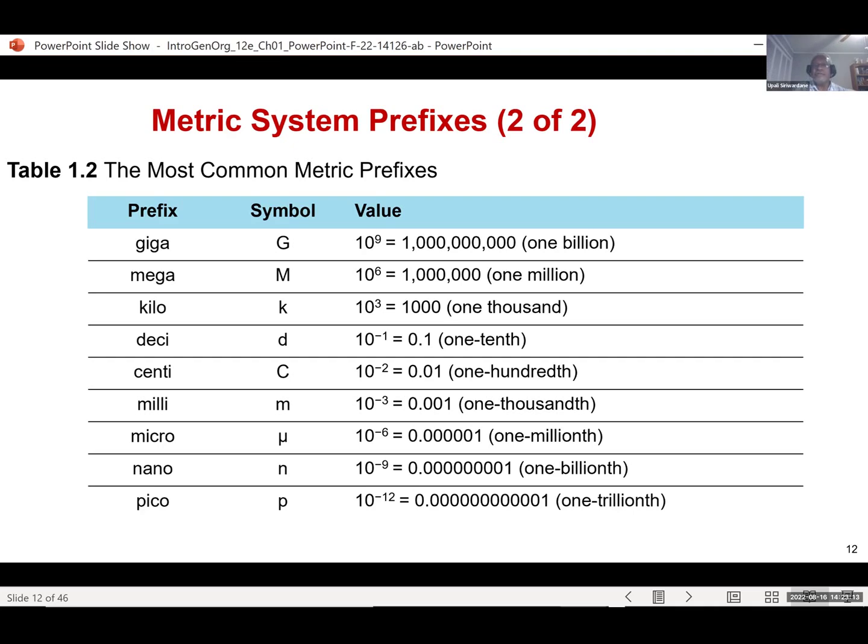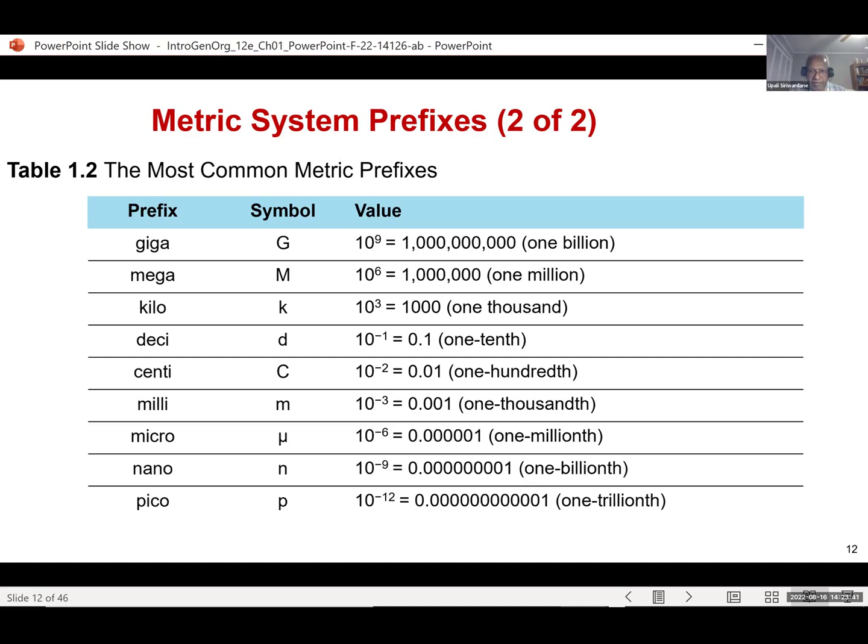So how many of you have seen this before? Have you guys seen it? Yes, I have. Okay. Now there are questions about how many meters are in a kilometer.